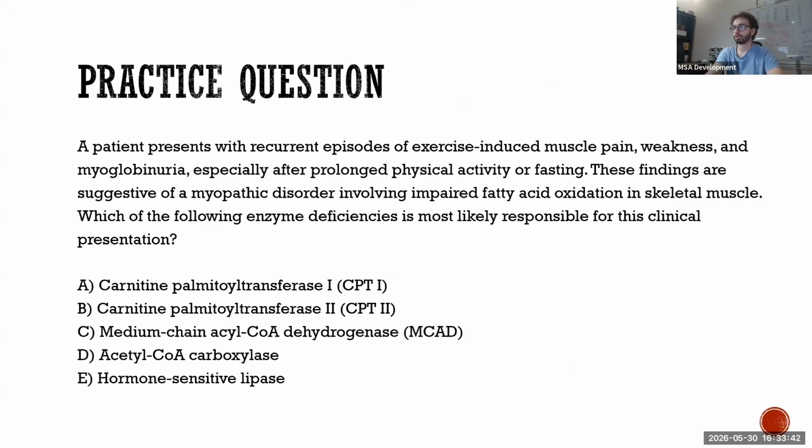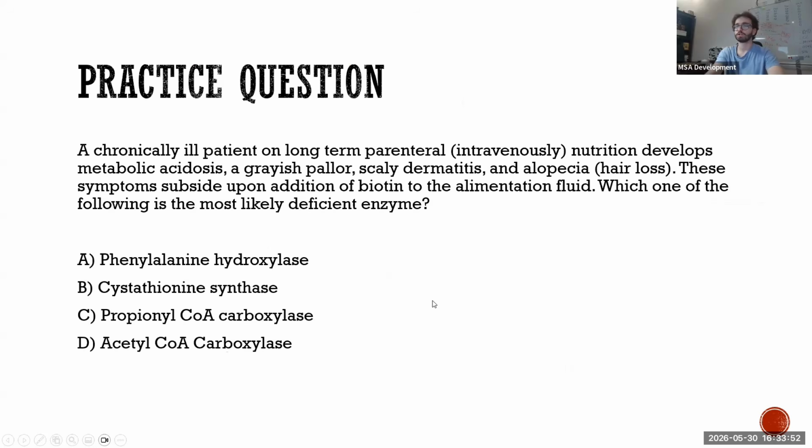Next question is this one. They're asking about muscle disorders, muscle pain, muscle weakness, we know it's skeletal muscle. It's going to be CPT2 deficiency. I think this is the last question. You can pause to answer. What are they telling you? They're telling you that this patient has symptoms that are relieved when we give biotin.